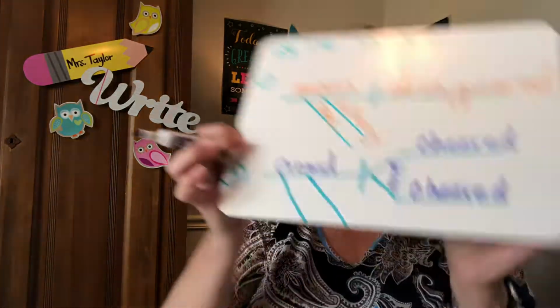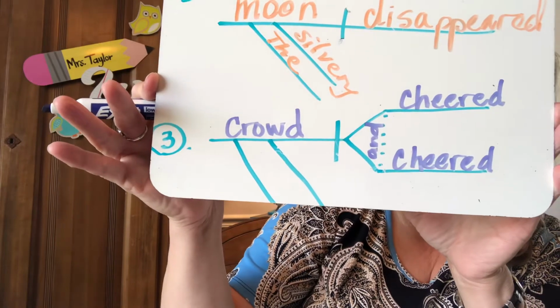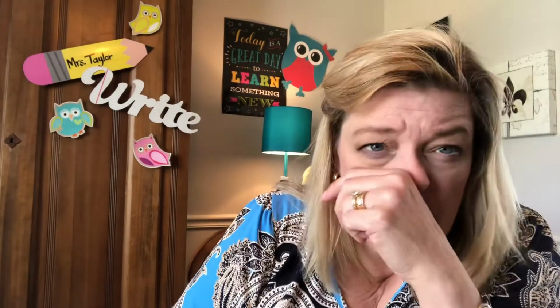So that we can do. I have my subject and I've got my verb. Now, what kind of crowd was it? Let's look back at the sentence. It says the joyous crowd. So we're going to add that in there.